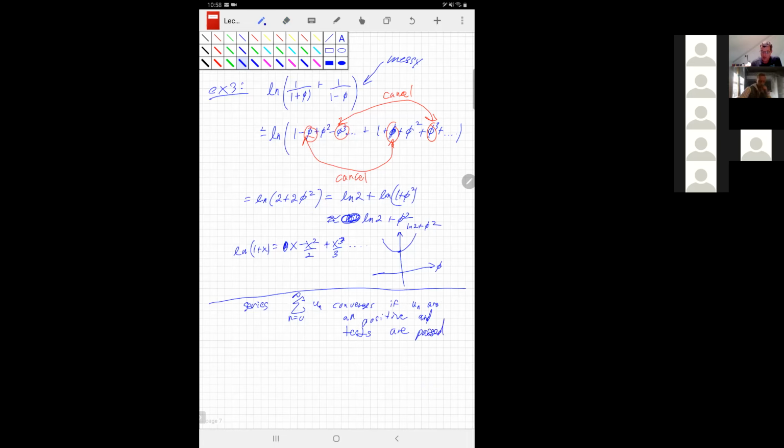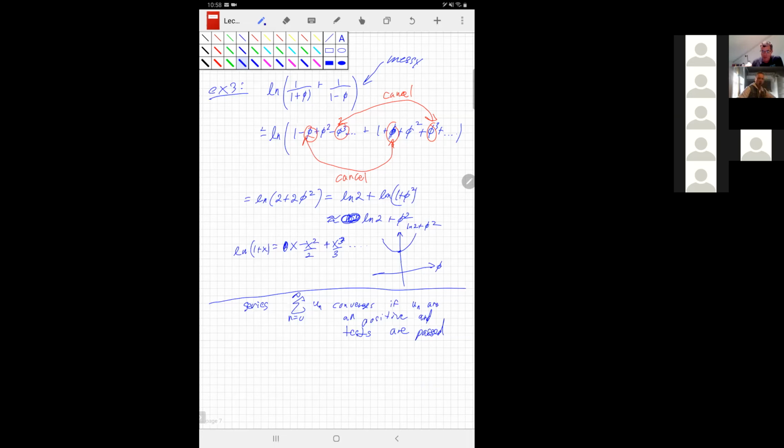So we have all of these tests for series where all the terms are positive, and we could say, all right, if all the terms are positive, we're adding a bunch of positive numbers that get smaller and smaller fairly rapidly, then we have tests for whether or not they converge.